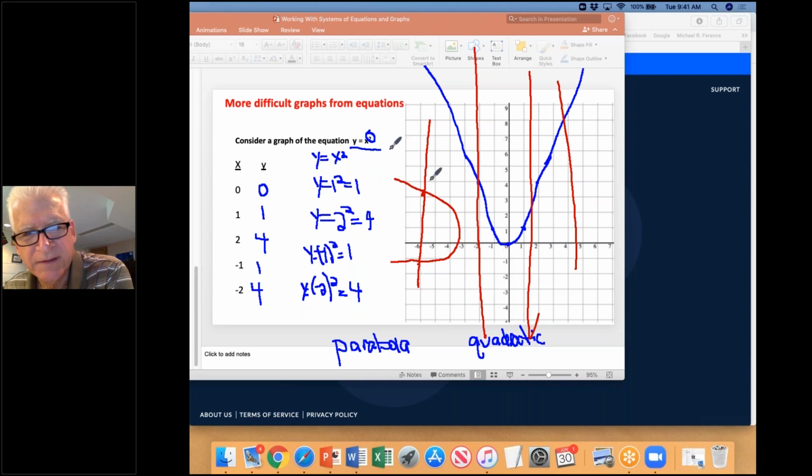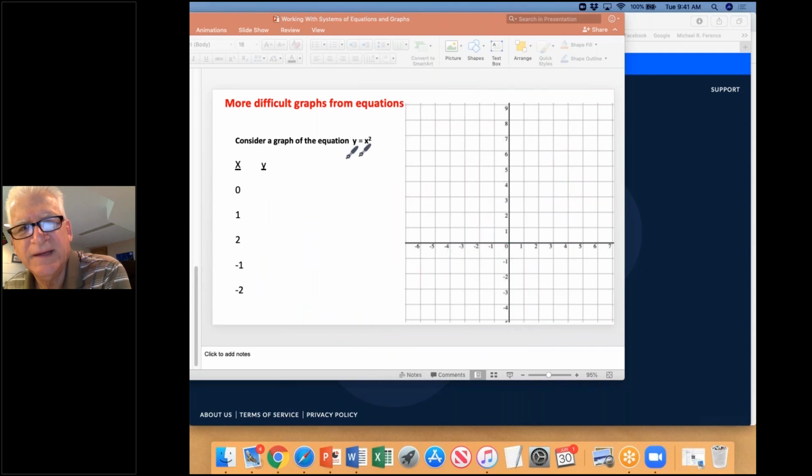Now, you can change the looks of that parabola, and I'll do that. If you change this to y equals 2x squared, it'll still be a parabola, but it'll look different.